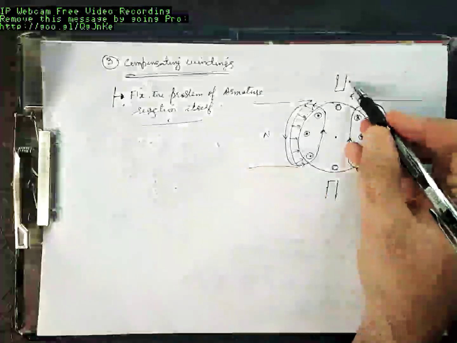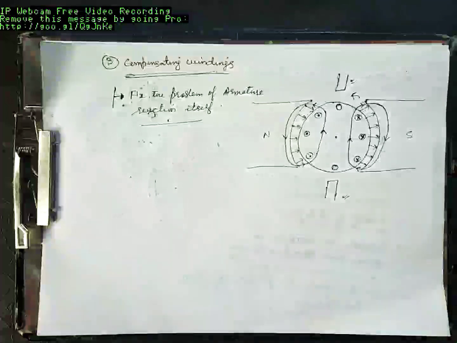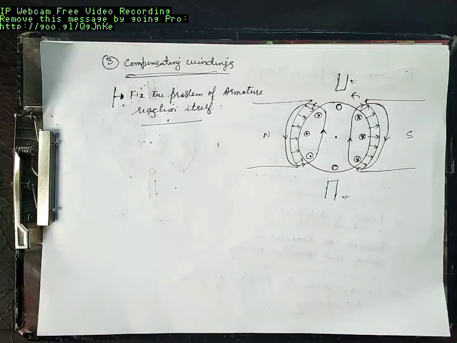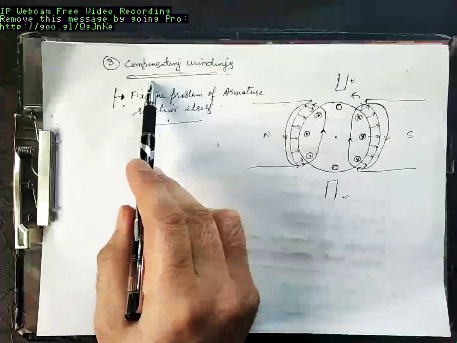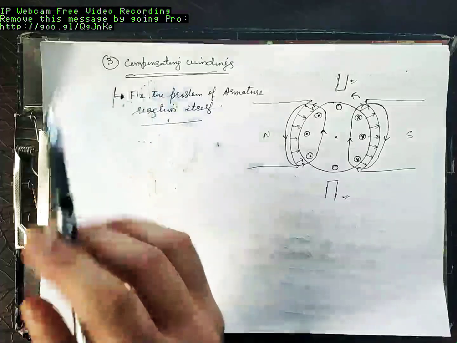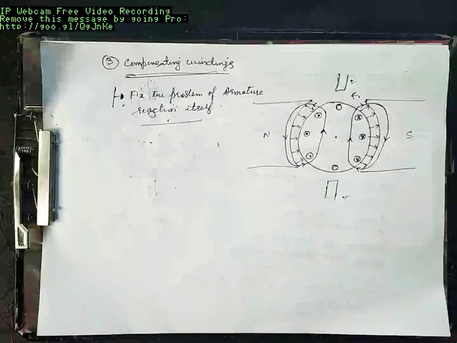What did commutating poles do? Commutating poles solved one of the problems caused by armature reaction, that was magnetic neutral plane shift. They couldn't solve the problem of flux weakening. What do compensating windings do? They solve the problem of armature reaction itself.